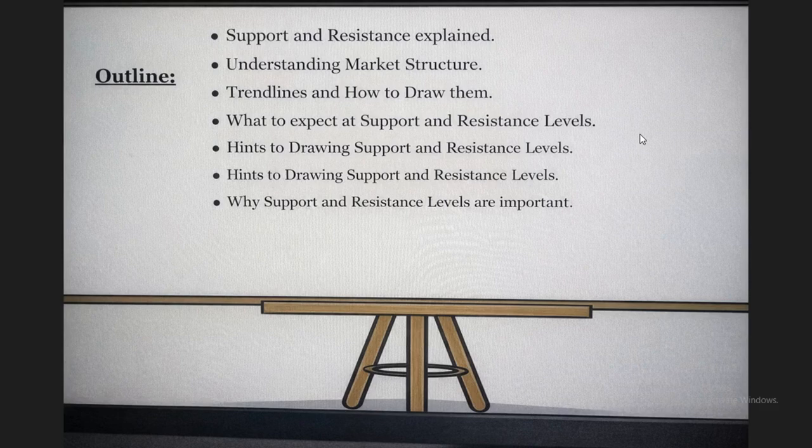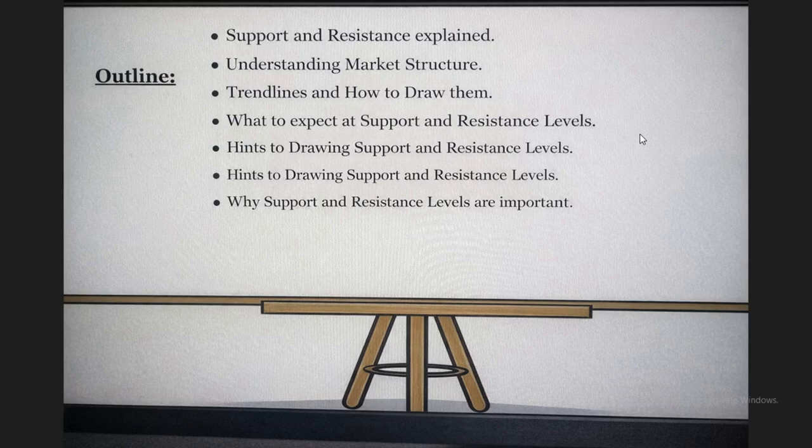So before I proceed, I want you all to understand that support and resistance is also a strategy. It's a very, very powerful strategy. If you can map out your support and resistance very well and clear, you make a lot of money from that level.